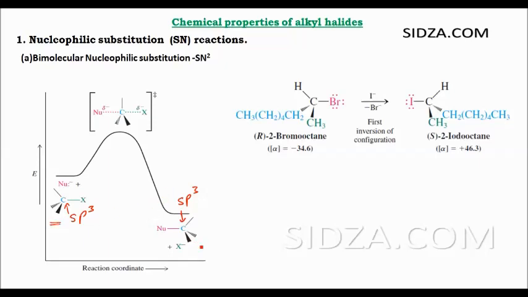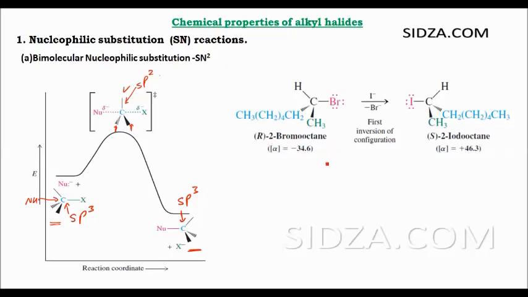You can see the groups now from the other side, with the nucleophile coming at a 180 degree angle to the leaving group and forming the transition state, right? In the transition state, the hybridization is sp2, planar, so the groups here are in plane, including the carbon.